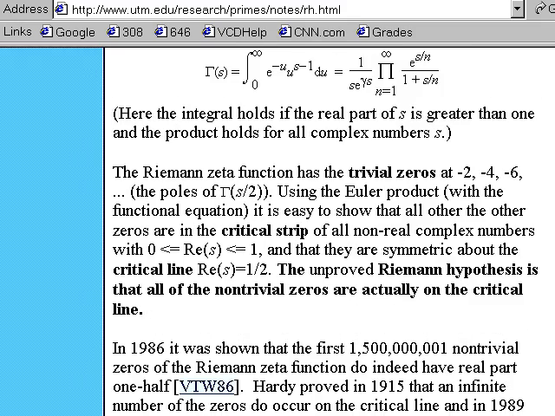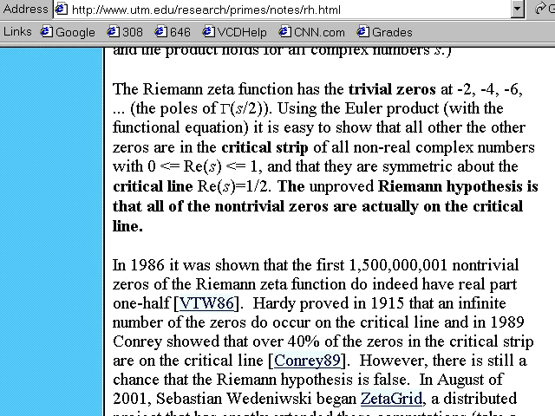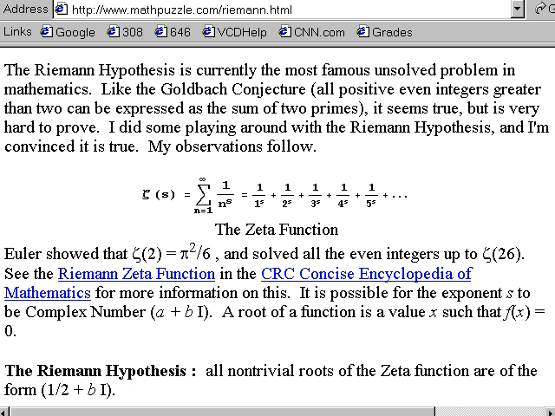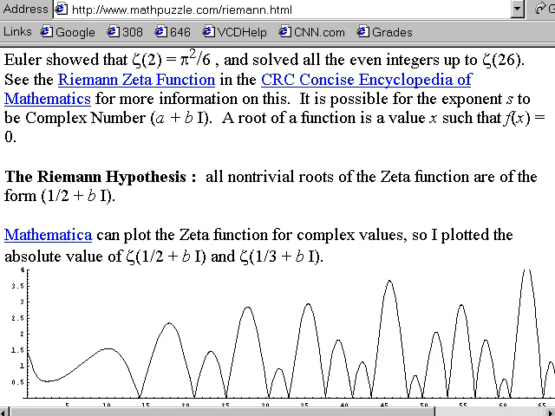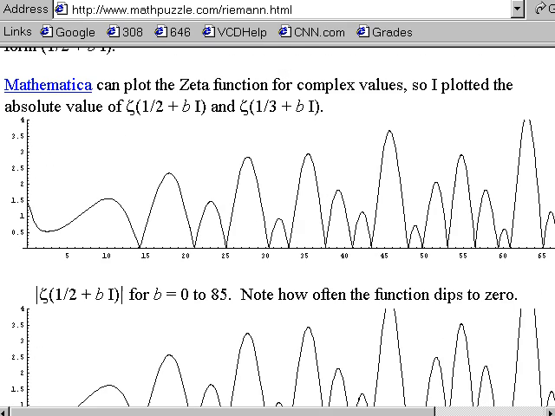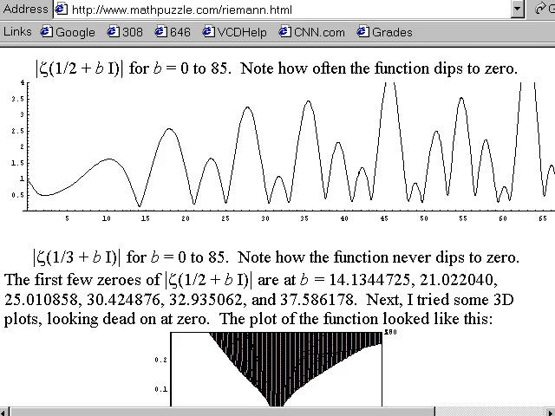If you look at the graph of this in the complex plane, for the value s equals 1/2 plus b times the integer, so if you let zeta of z run over complex numbers whose real part is 1/2, you can see that zeta actually has zeros at certain values where the real part is 1/2.